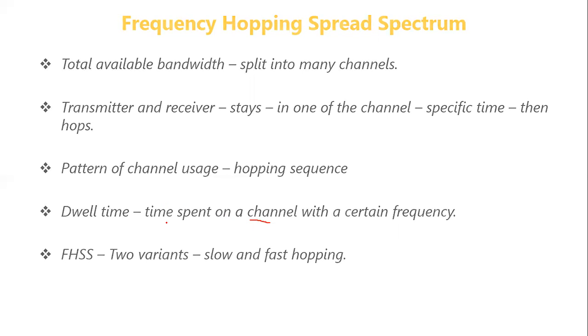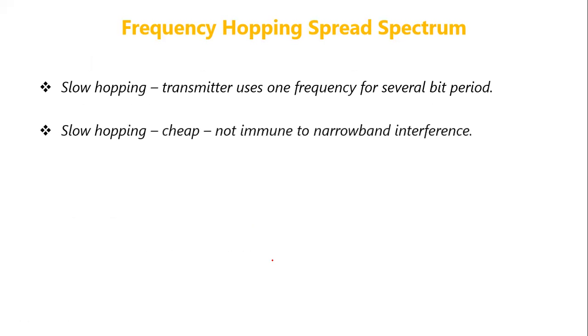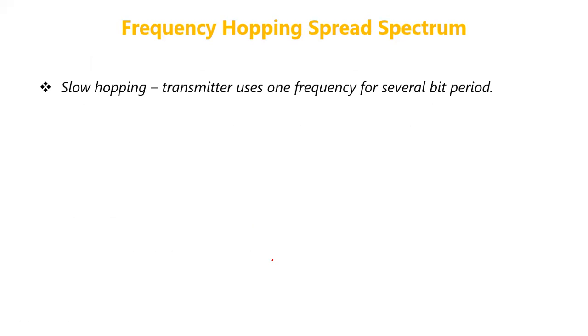There are two types of frequency hopping spread spectrum that we'll be discussing. One is slow hopping, the other one is fast hopping. Let us try to understand how this algorithm works, starting with slow hopping. With slow hopping, the transmitter uses one frequency for several bit periods. As we already discussed, in frequency hopping spread spectrum the bandwidth is divided into multiple frequencies.